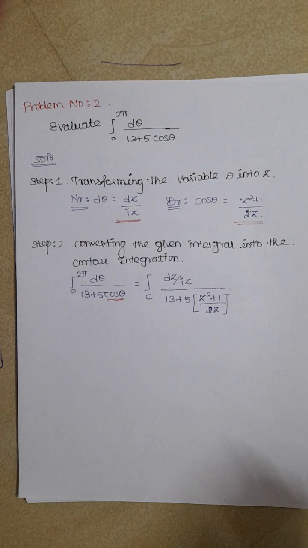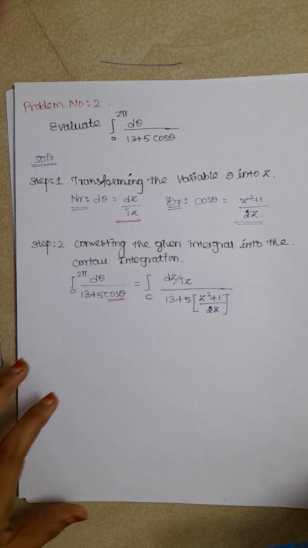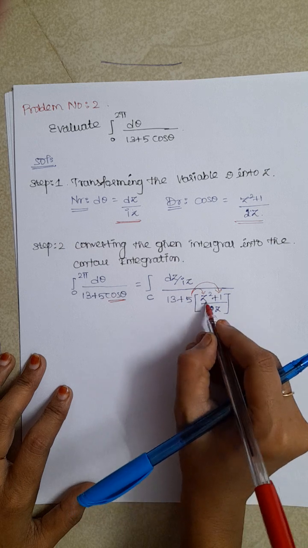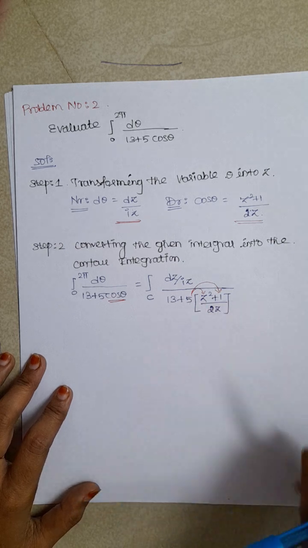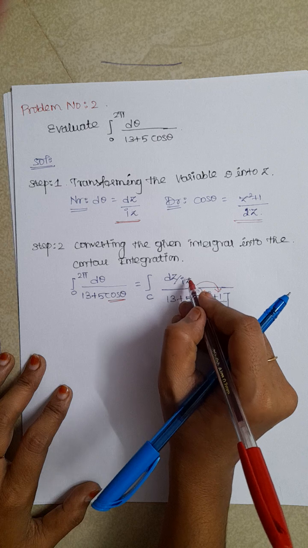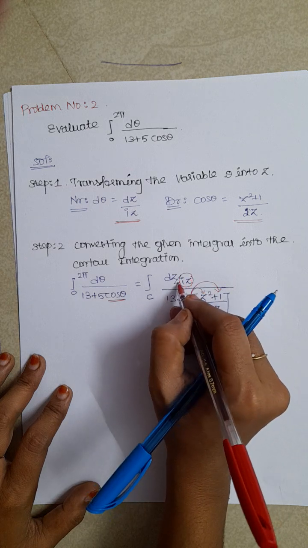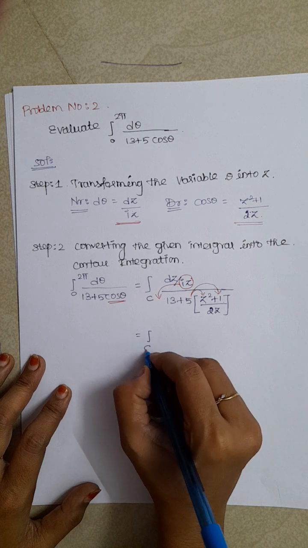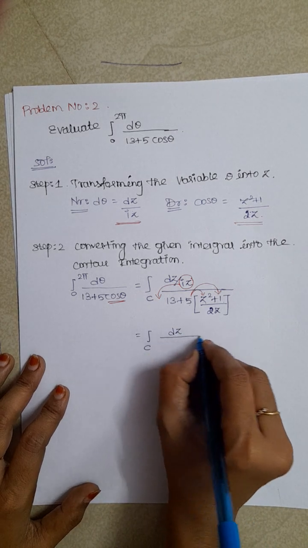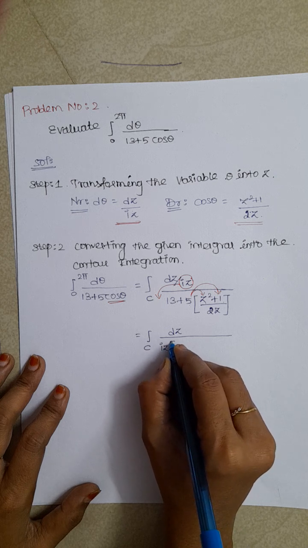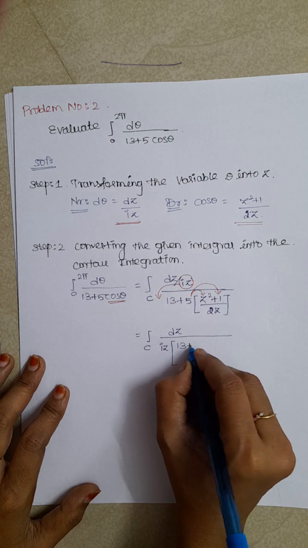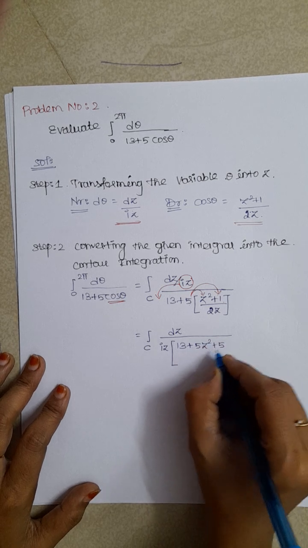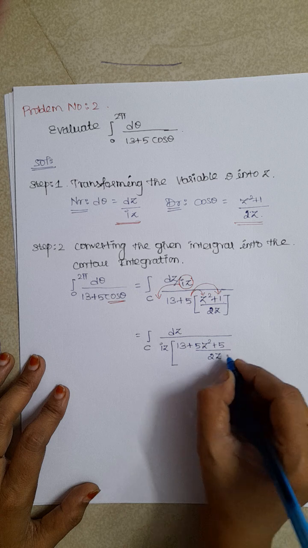Okay. Next step, simplify this term. 5 is multiplied into both terms: 5 into z square, 5 into 1. And the iz in the numerator takes the denominator. So integral over c dz divided by iz into 13 plus 5z square plus 5 divided by 2z.